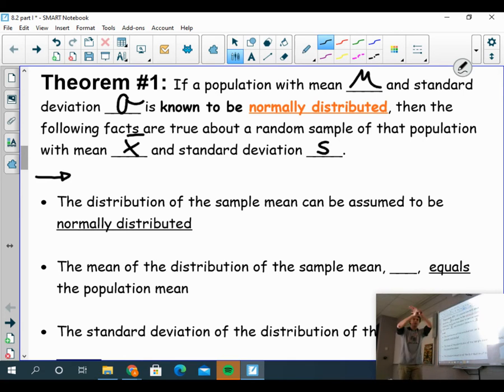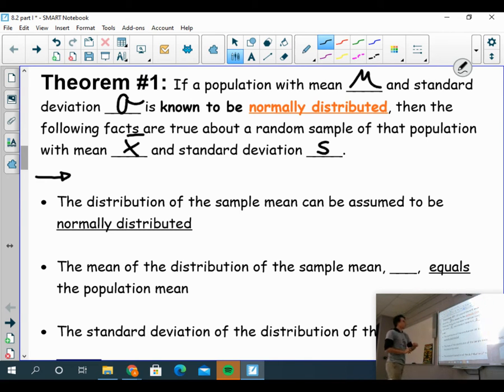Point is, we have a population of all these rainbow trout, and then we have 100 samples that we calculated the mean for, so we have 100 sample means. What 8.2 is all about is relating the distribution of all the fish in the pond, the population, to the distribution of the sample means. Okay, so those are kind of the two worlds we're operating in, population and all the sample means, and we're going to relate the two.